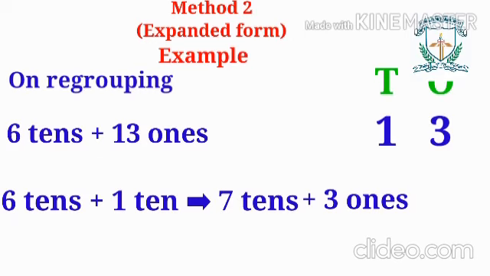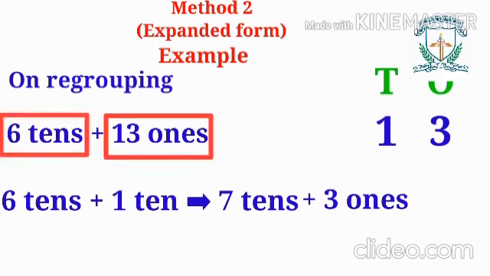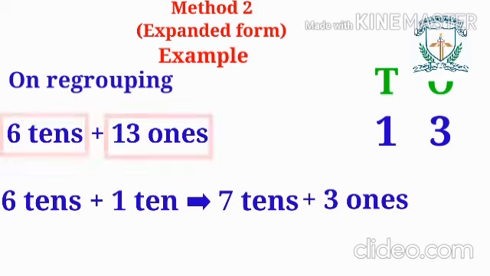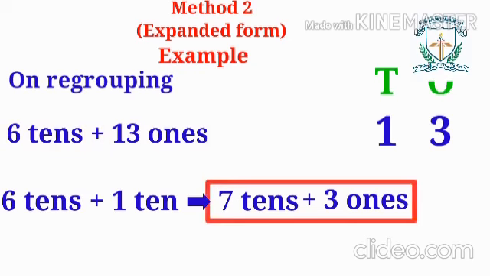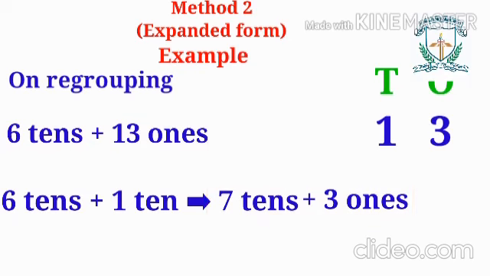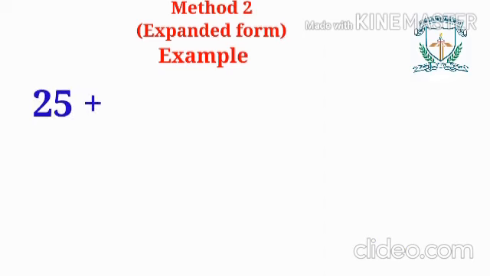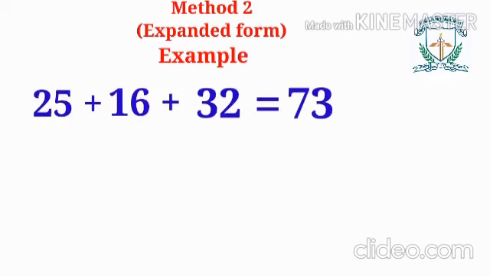Thus 6 tens plus 13 ones is equal to 7 tens plus 3 ones, which means 70 plus 3 is equal to 73. So 25 plus 16 plus 32 is equal to 73.